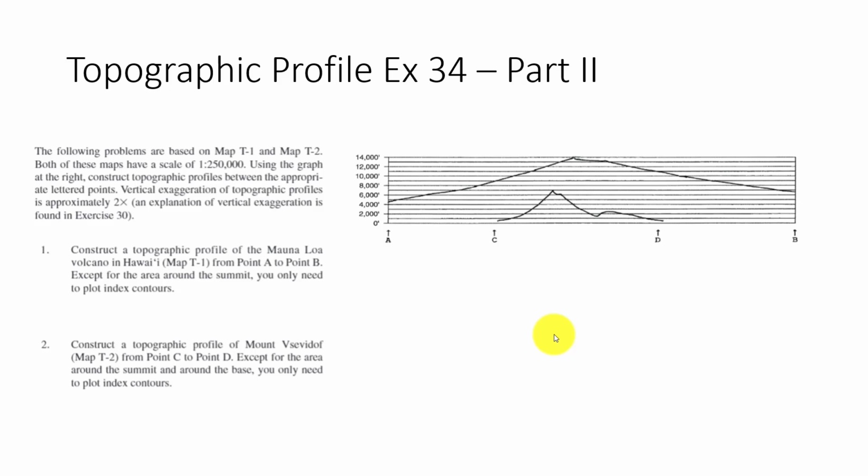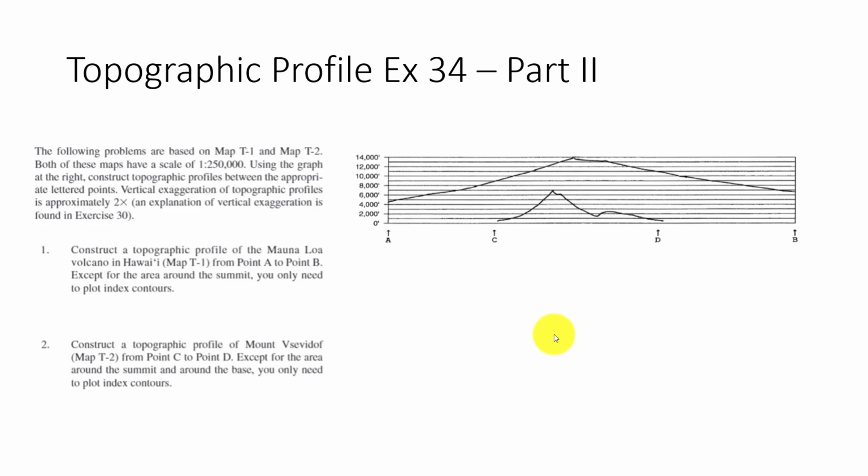What you're doing is you're using the information from your map to create this profile that you see here. And so the line that is drawn on the graph is representative of the elevations, and it should sketch out to look close to a side view of the different mountains and volcanoes that you are considering.